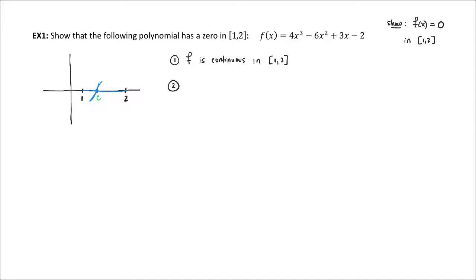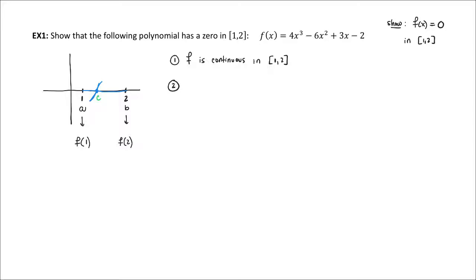So what I would like to do here is to figure out what is going to be f of 1, because notice 1 is A, 2 is B. So naturally, I would love to know what is f of 1 and what is f of 2, right? The intermediate value theorem requires information about f of A, f of B. So in this case, f of 1, f of 2.